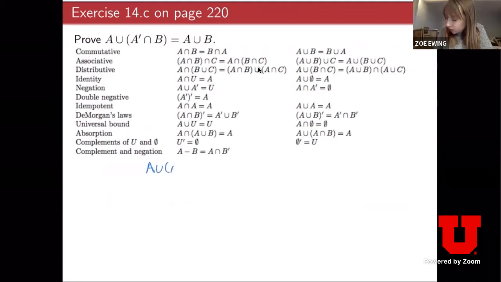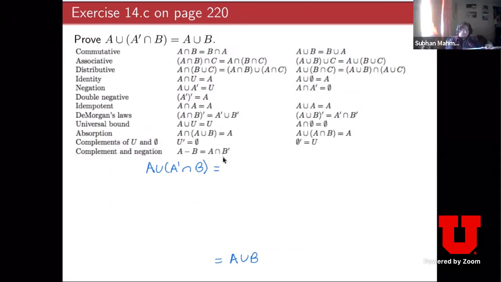A union A complement intersect B, and we're trying to show that it equals A union B. So we're just going to work through this one as a class, and I would love to have a different volunteer for every step of the process.